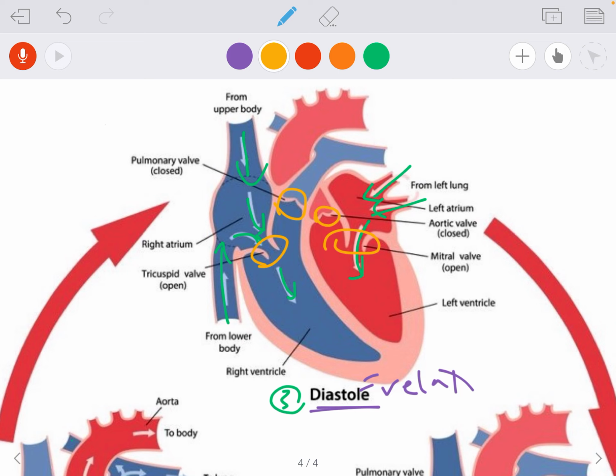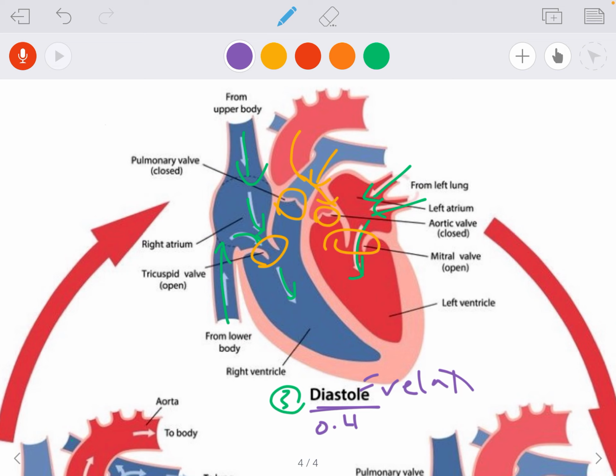You remember in the previous phase, they were open because the ventricles contracted and pumped blood. Now they must get closed in order to prevent the backward flow of blood from the vessels into the ventricles. This phase lasts about 0.4 of a second.